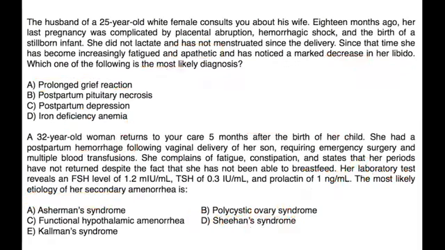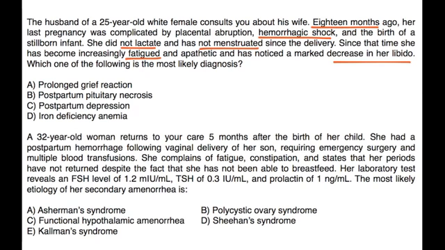The husband of a 25-year-old white female consults you about his wife. 18 months ago, her last pregnancy was complicated by placental abruption, hemorrhagic shock, and the birth of a stillborn infant. She did not lactate and has not menstruated since the delivery. Since that time, she has become increasingly fatigued, apathetic, and has noticed a marked decrease in her libido. Which of the following is the most likely diagnosis?